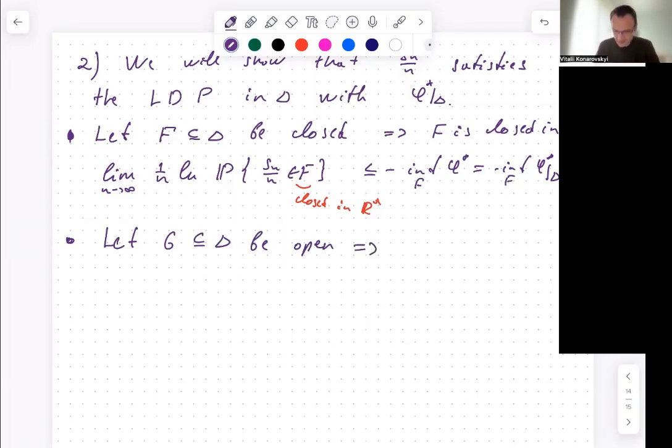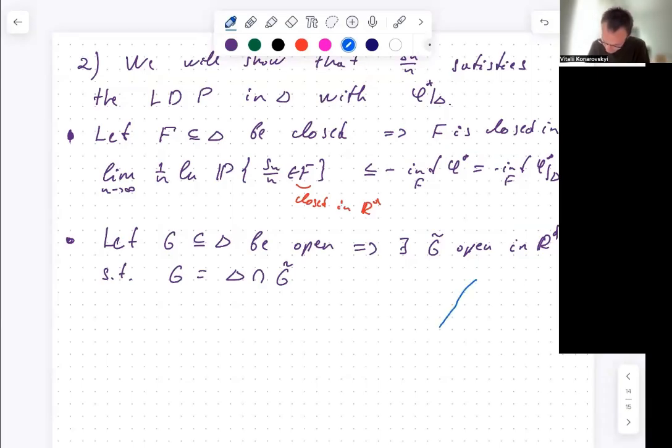Then in this case, there exists G tilde open in R^d such that G is equal to delta intersected with G tilde. Maybe it makes sense to draw a picture here: you have delta, which is some closed set, and we will just sketch it, and it can look as follows.